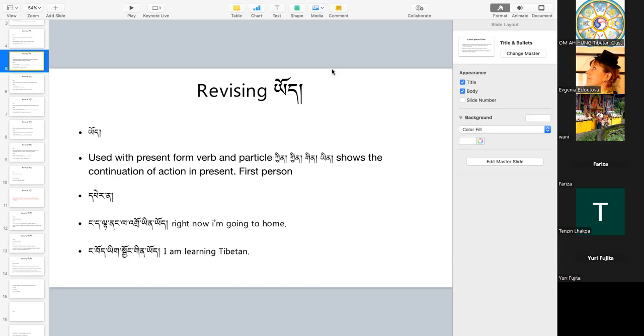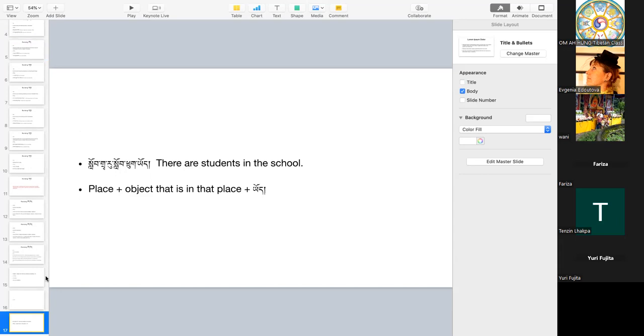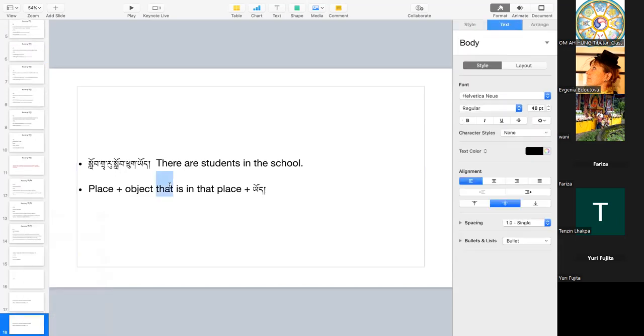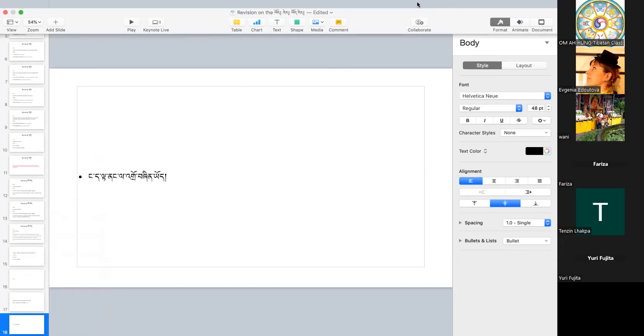And definitely you can substitute this particle. So let me take another of these. So you can substitute this and you can say that tata nangla dro shin yue. And this is also the same. It means that right now I'm going to home.